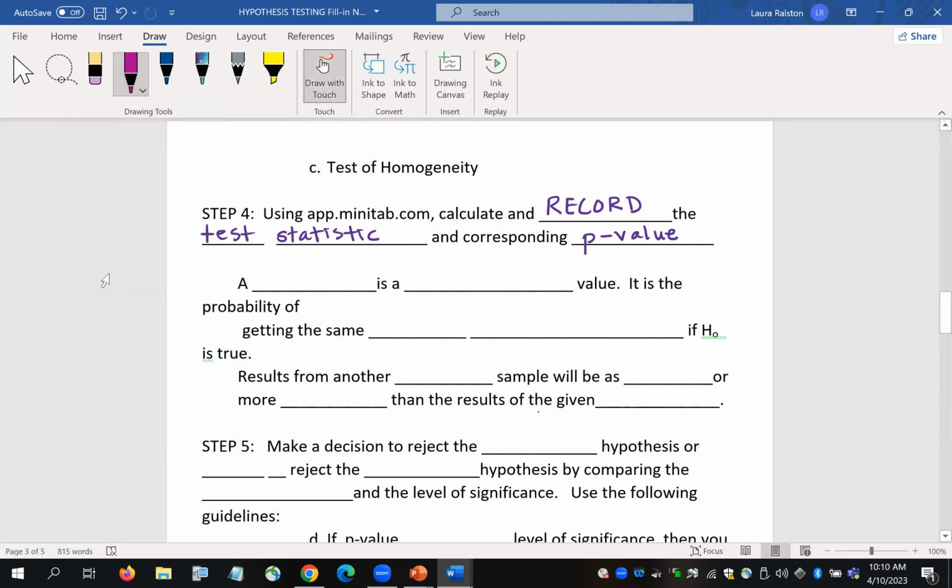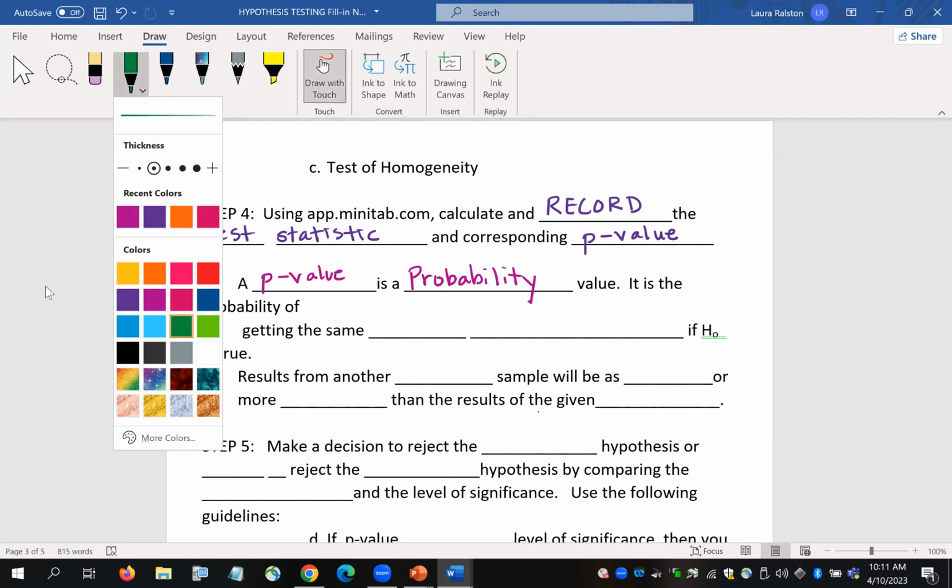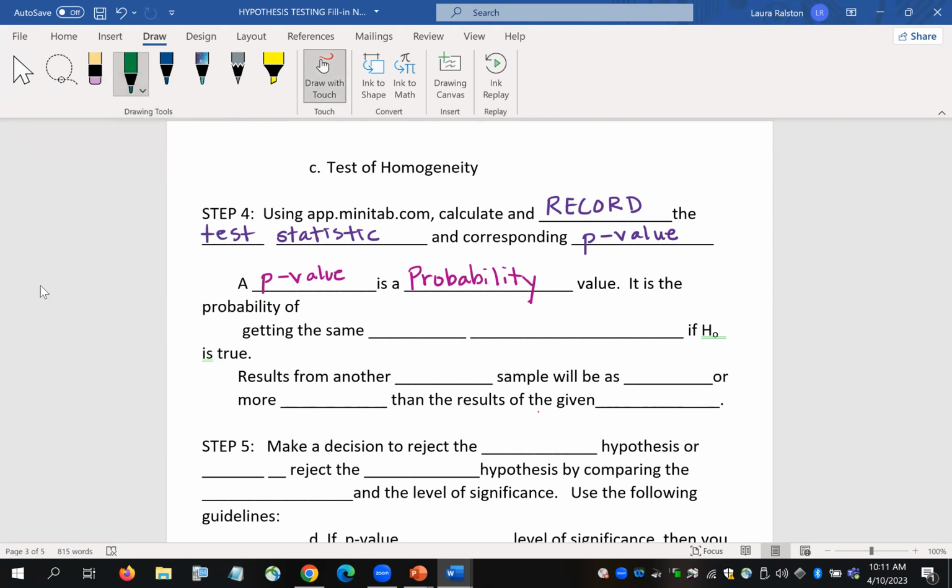Let's talk about a p-value for just a minute, and then I want to talk about level of significance. Okay? A p-value is a probability value. If it is a probability, remember we learned early on with probability that probabilities are between 0 and 1.